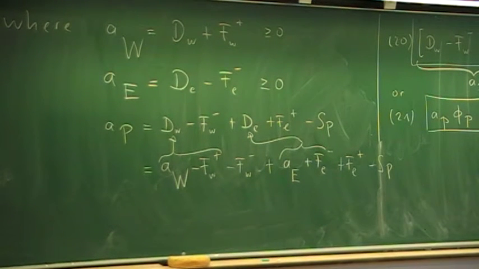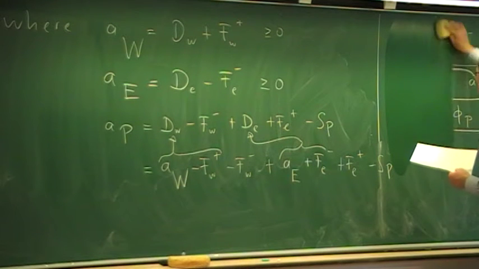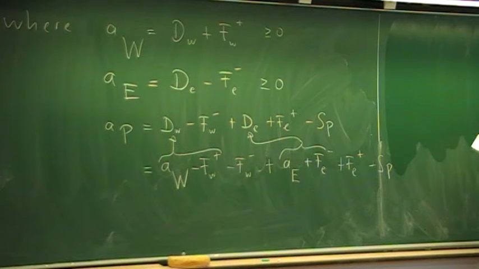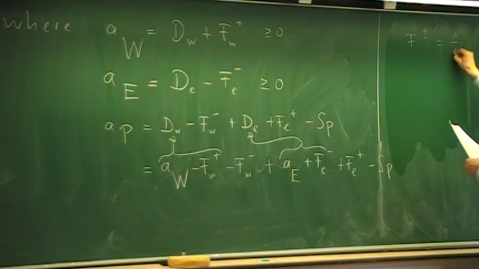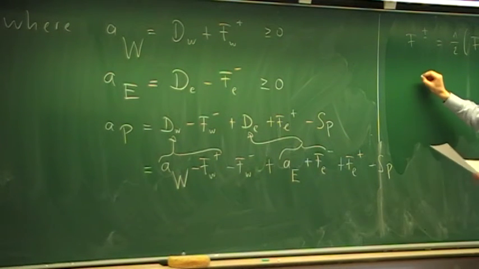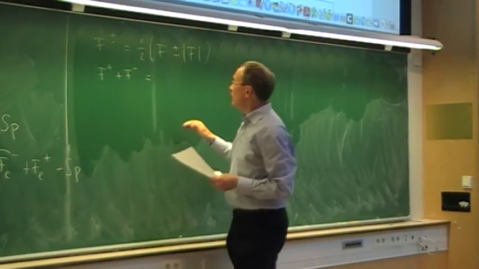Great. Now we just have to remember our definition of F plus and F minus. The definition was that F plus or minus is 1/2 of F plus or minus the modulus. Now if we want to add F plus and F minus, what do we get?